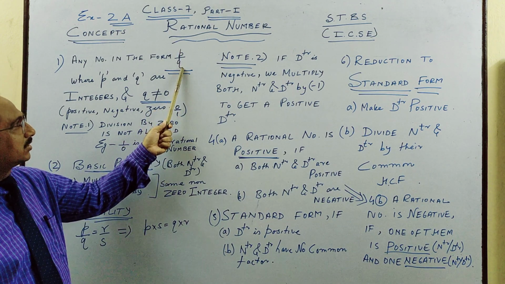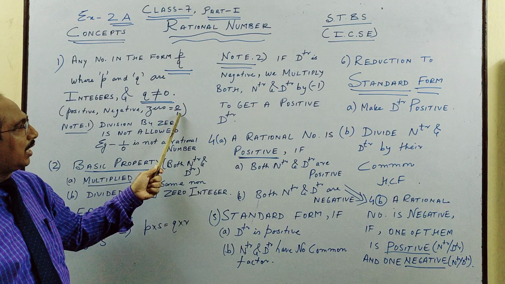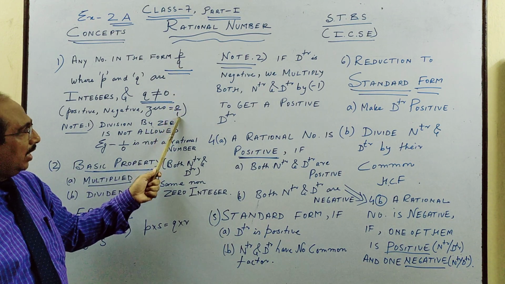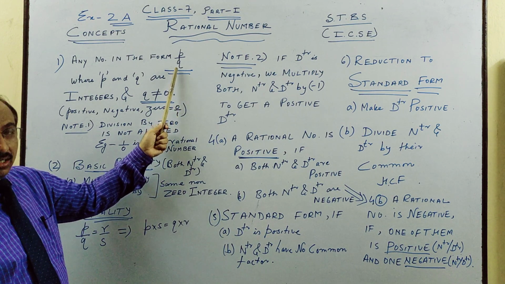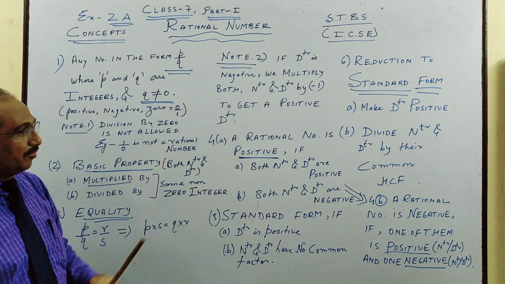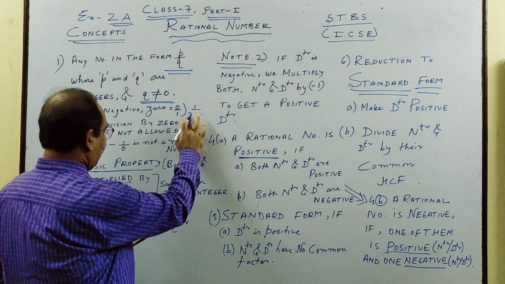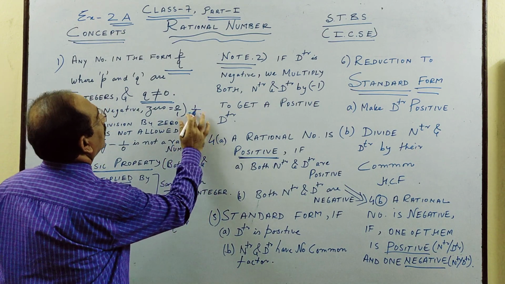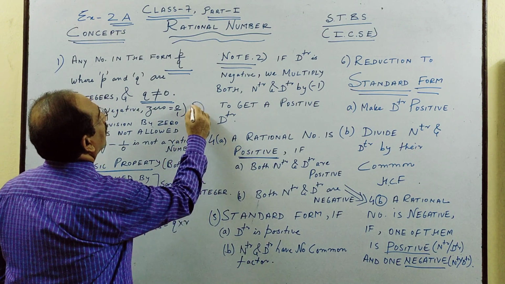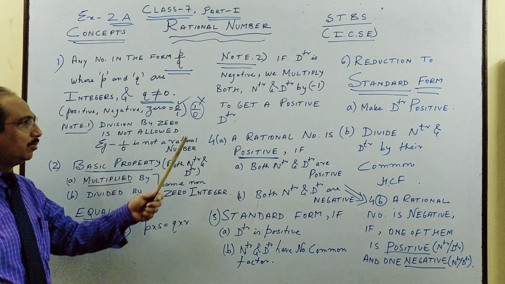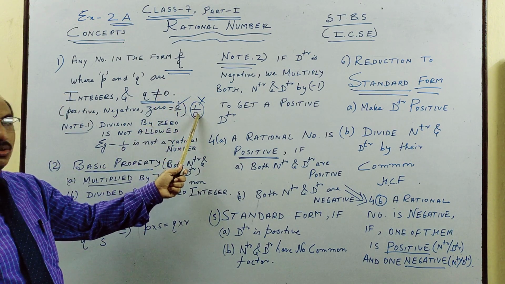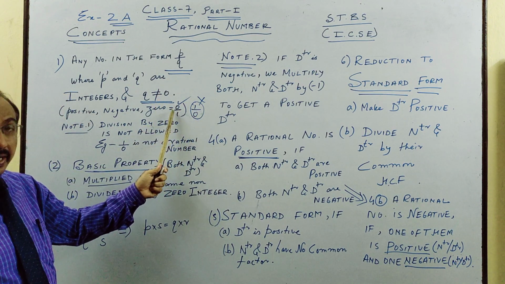So it is a rational number because the denominator can be 1 with 0 in the numerator, but if the denominator is 0, like 1 by 0, this is not a rational number, because the denominator should not be 0, while the numerator can be 0.